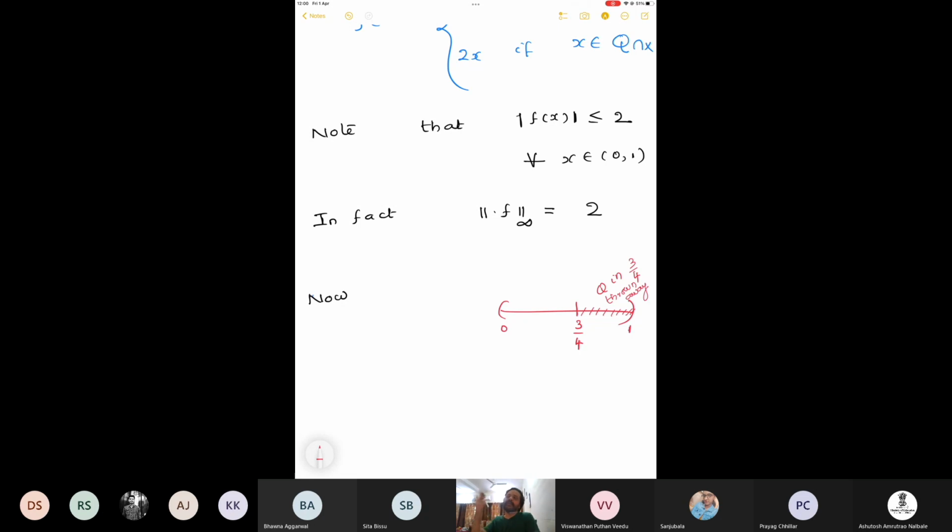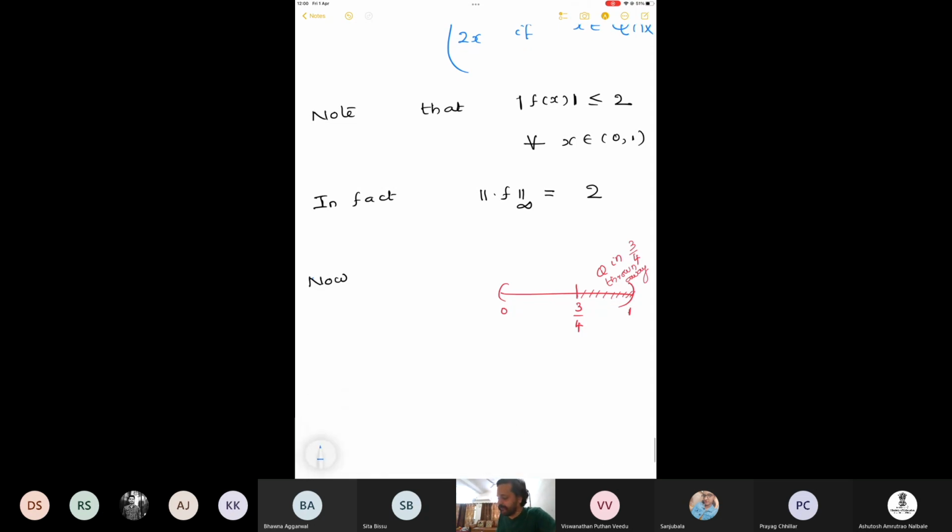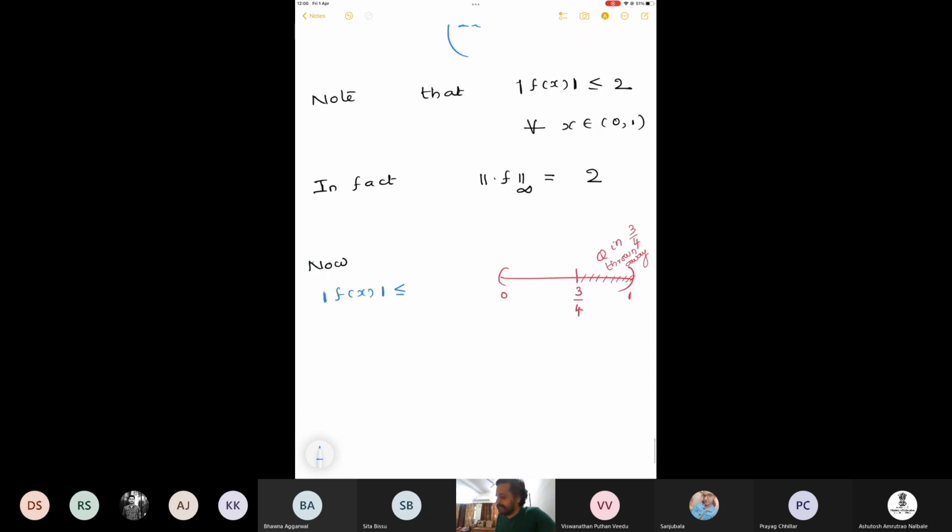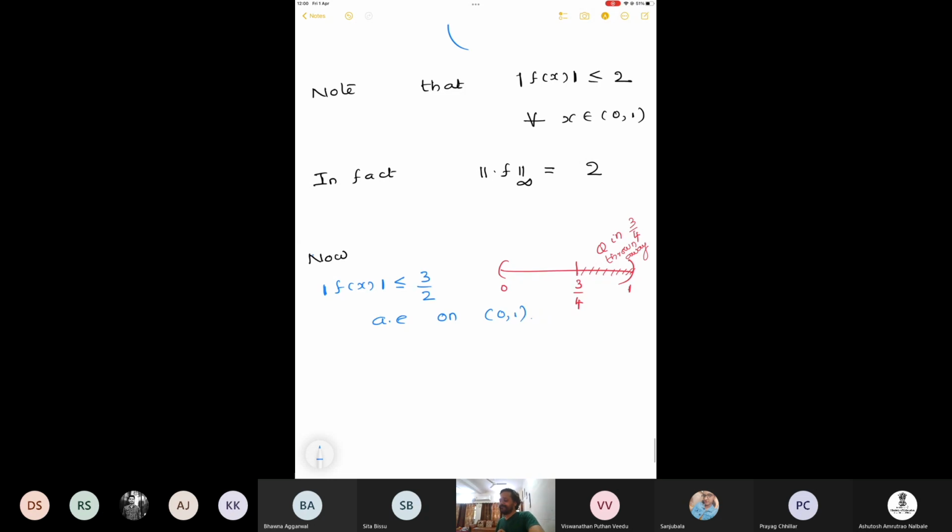It doesn't matter because what I threw away is of measure 0. Now you tell me, can I say modulus of f of x is less than or equal to 3/2 almost everywhere on (0, 1)? Is that correct? Yes, sir.